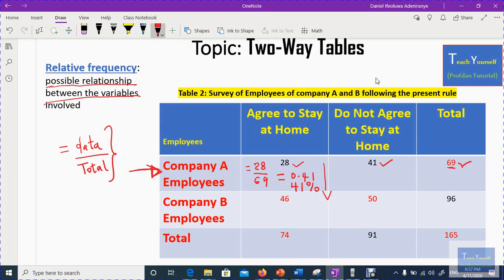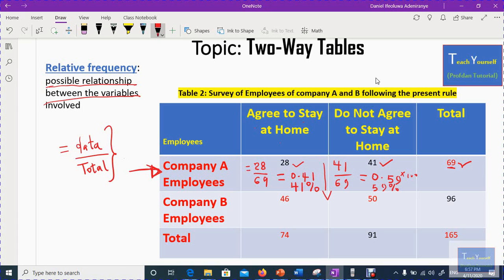The same thing, you can get the relative frequency for company A employees that do not agree to stay at home. That is going to be 41, the data value, over the total 69. If you press your calculator, you should get 0.59 as a decimal, and as a percentage, if you multiply by 100, you get 59%.